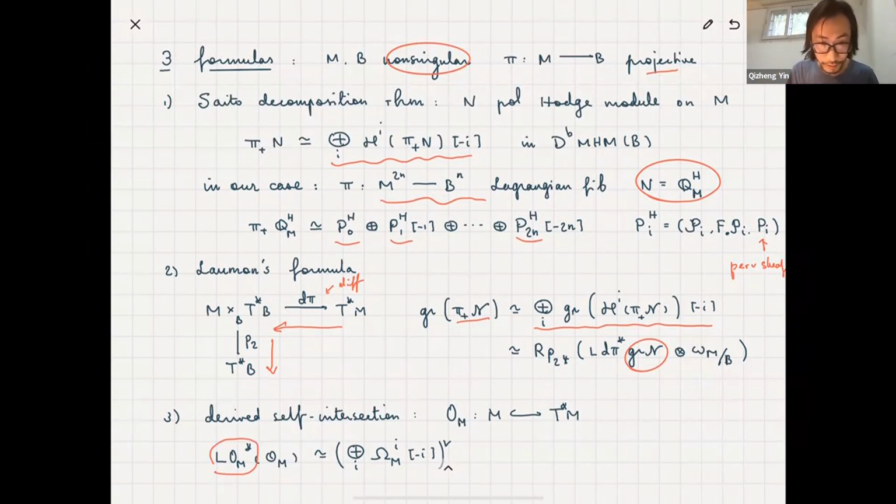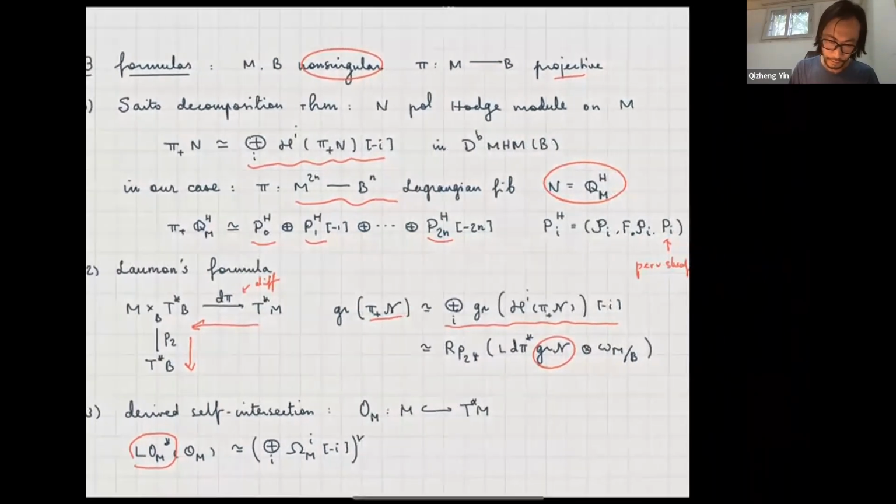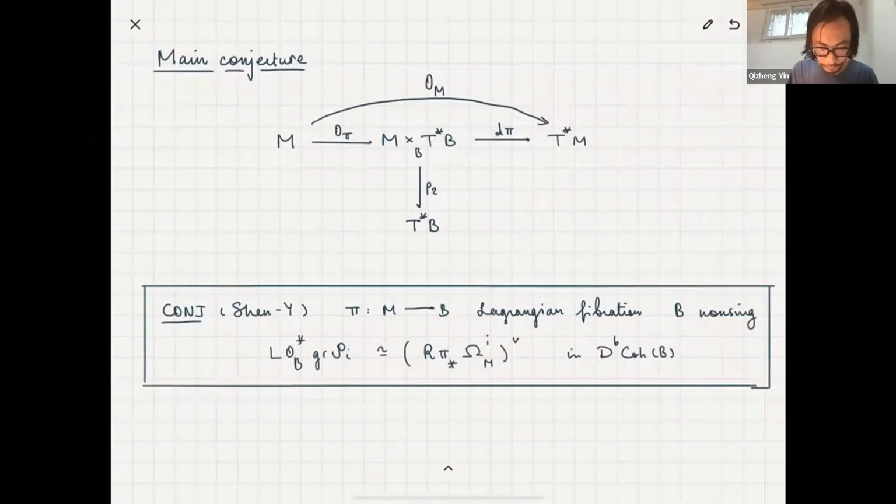So I write it as the direct sum of omega I shifted by minus I, but I have to take the dual. It's actually all these tangents shifted by I. So with these three formulas in hand, now I can state the main conjecture that we came up with.